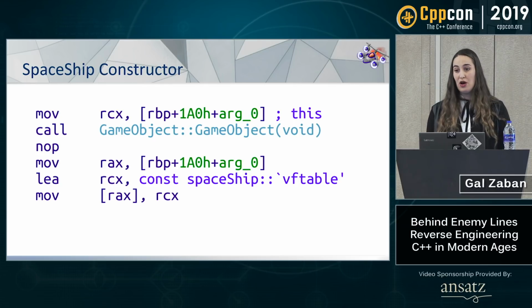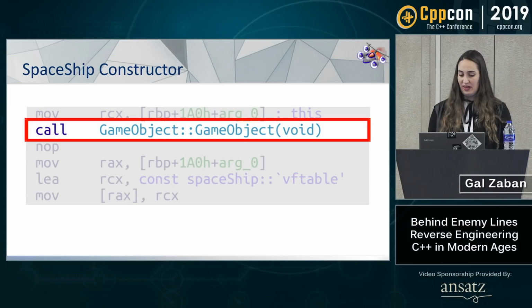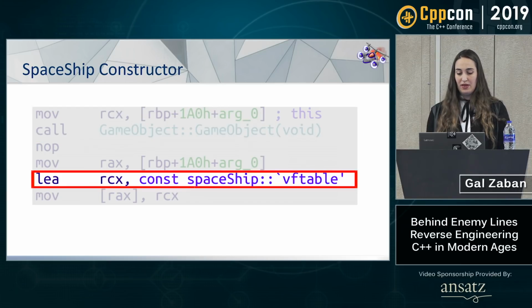First, the constructor. We already talked about constructors before, but now we are going to focus on this weird behavior. You can see there is a call to the game object constructor, and afterwards an assignment of a vtable, the spaceship vtable, into the first bytes of the object.